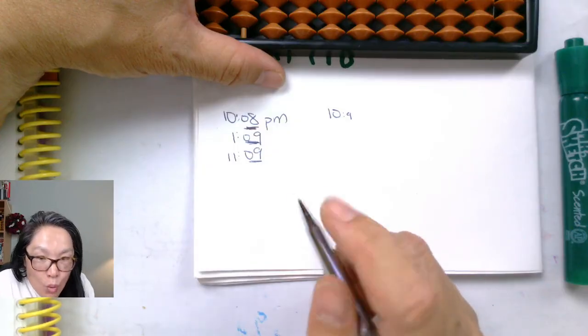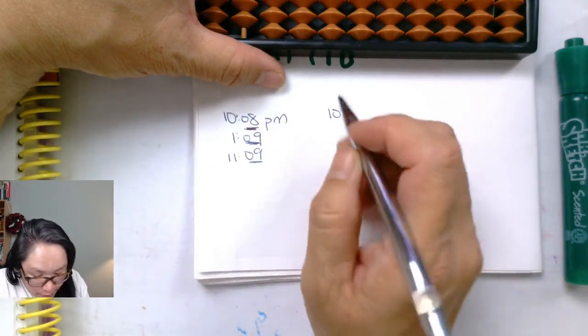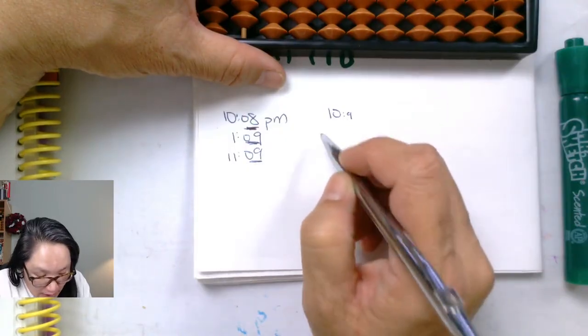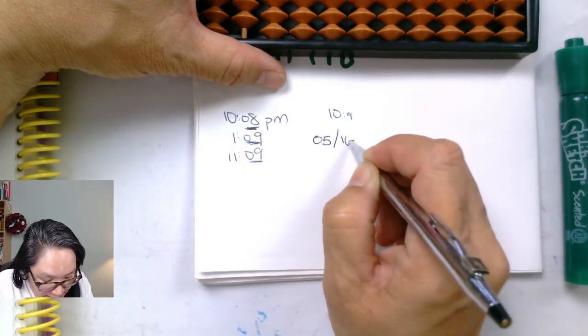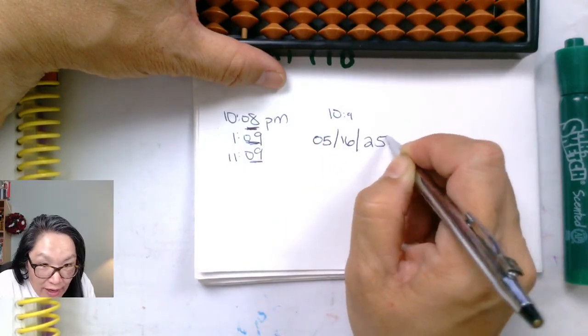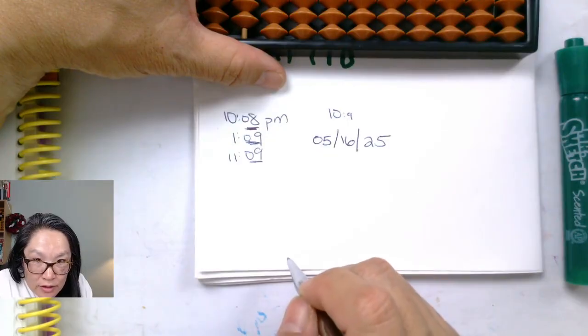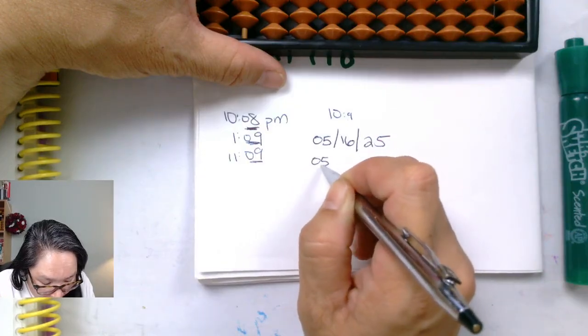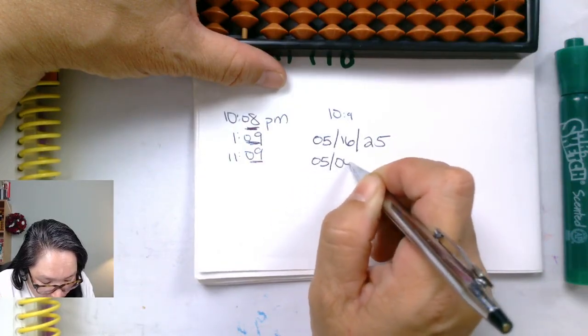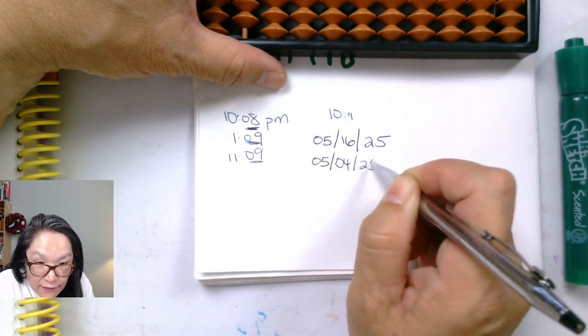Does that make sense? When we do the date, if we do a 2-month date, it's 05, 16, comma 25. Make sense? Or if we did like May the 4th, 05, comma 04, and then 25.